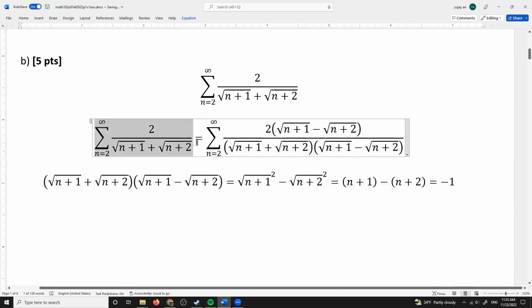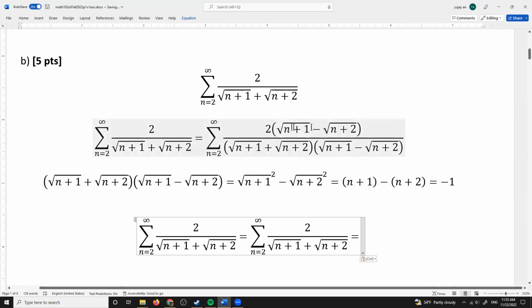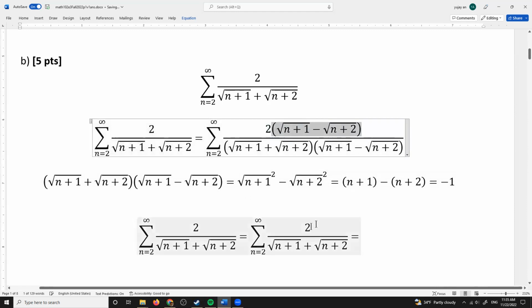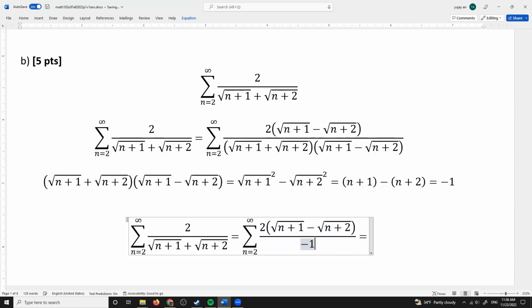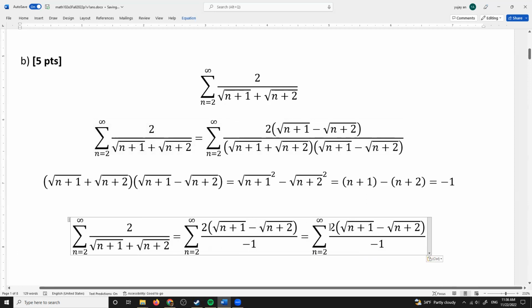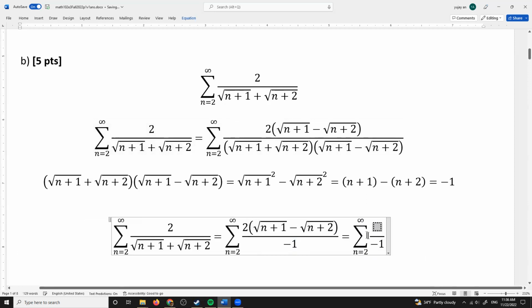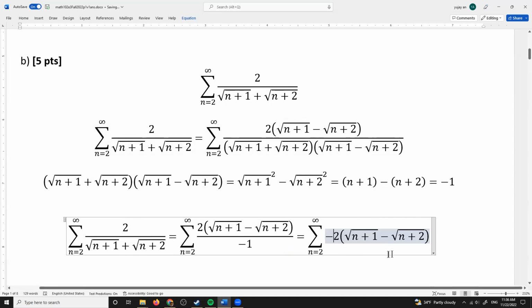We see that this is now equal to the bottom, after multiplying the conjugate, the bottom turns into -1, so that dividing by -1 is the same as multiplying by negative. So that's what we have.